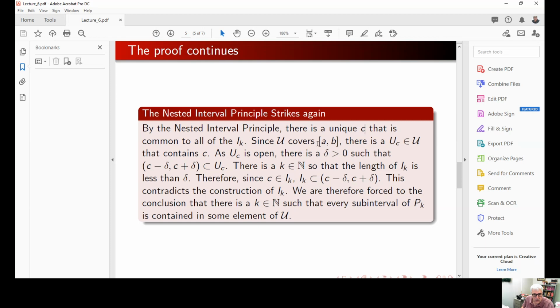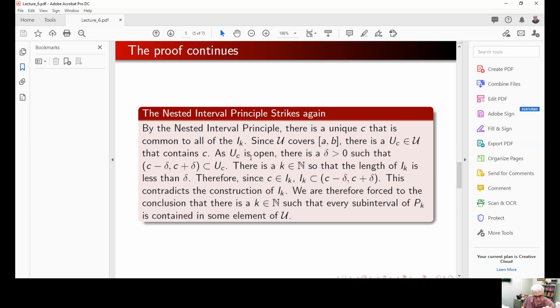So we've got one single point C. What do we know about script U now? It covers up the closed interval AB. Since it covers up AB, there has to be some element of it that contains that single point C that we worked so hard to get.